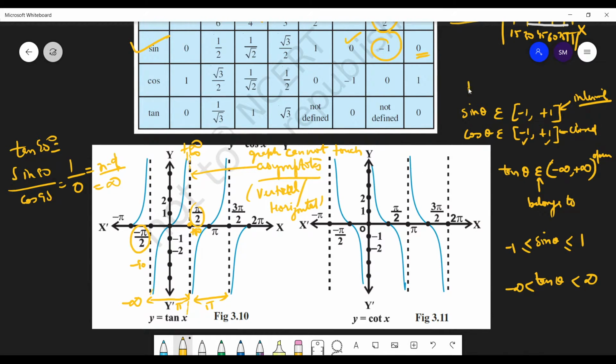So these are the ranges, meaning what the value can be. Okay. So this was a general discussion, students. Now there are a lot more formulas.